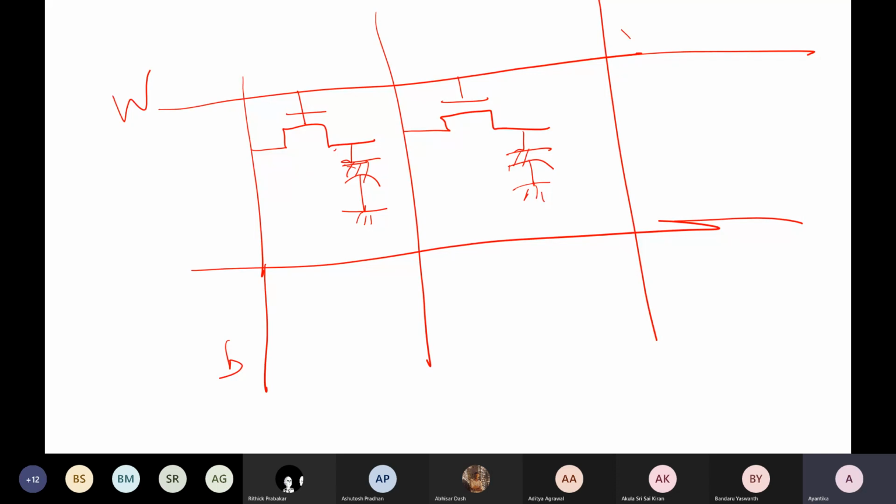For that we need some extra circuitry, which we term sense amplifiers. These sense amplifiers are connected like this, to two different bit lines, one bit line and another bit line.